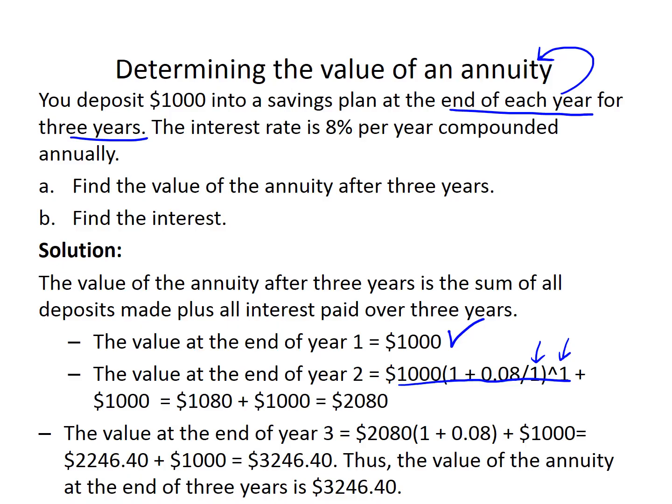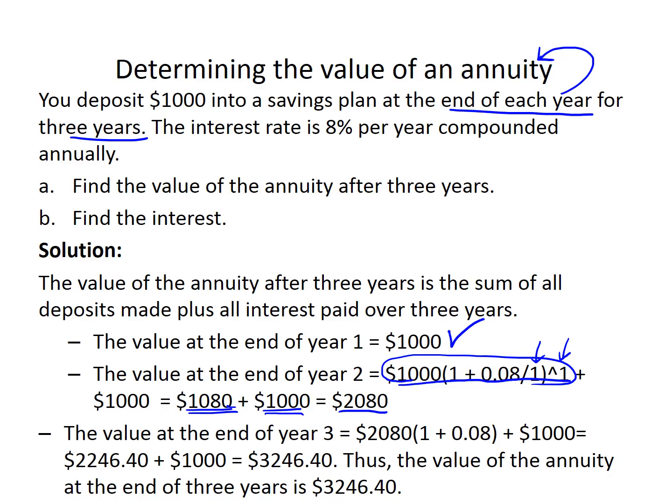If you find this amount, that's telling you that at the end of the year, you've made $80 in interest, so you have $1,080 in there, but you're going to add another $1,000 because you're putting in $1,000 at the end of every year. So now you have $2,080.